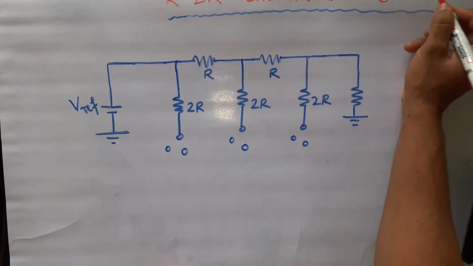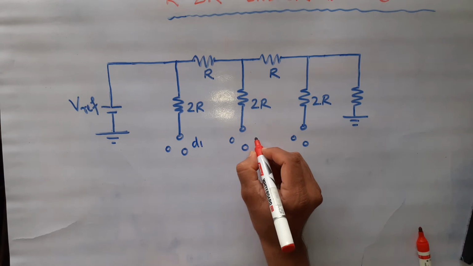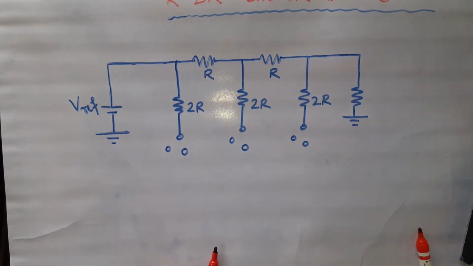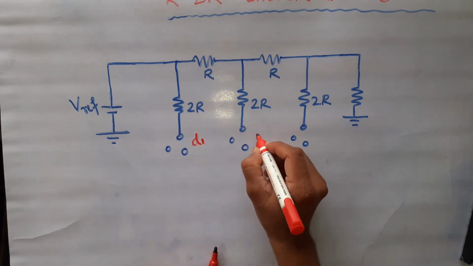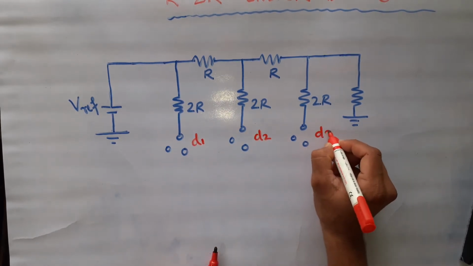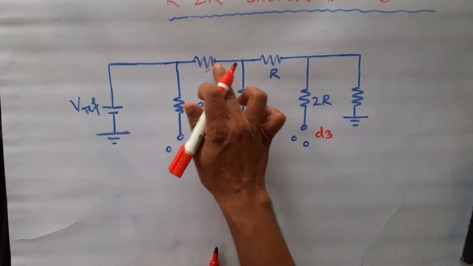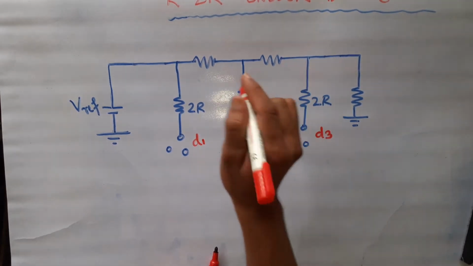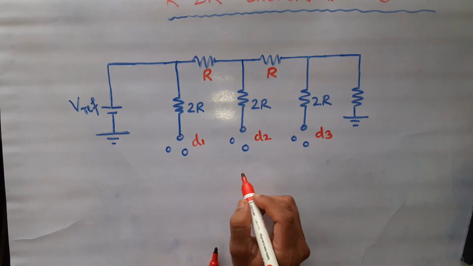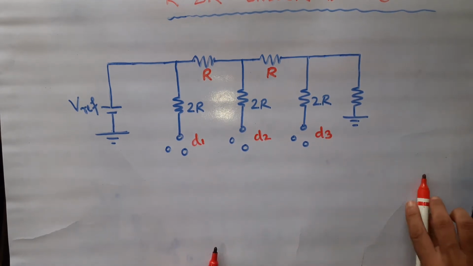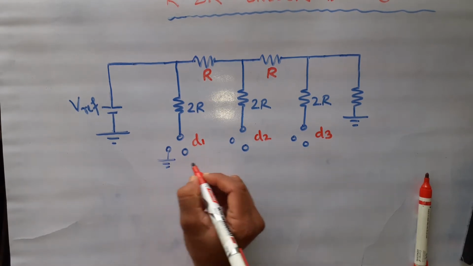As I said, this is 3-bit, so you will be having 3 bits here like this: D1, D2, D3. Then R. This point is grounded.